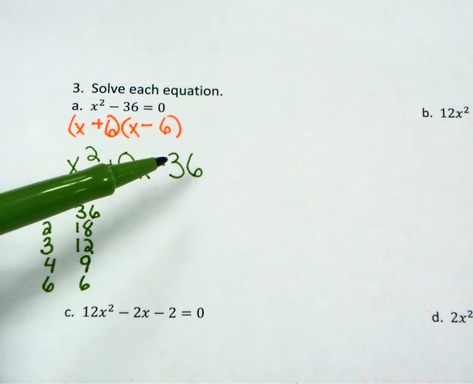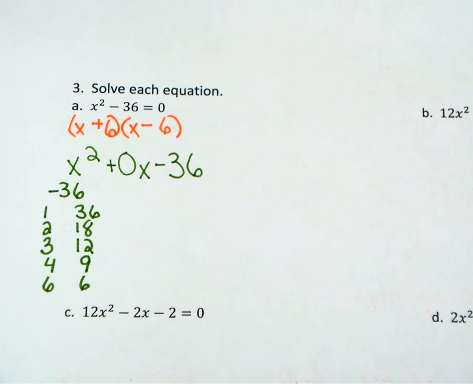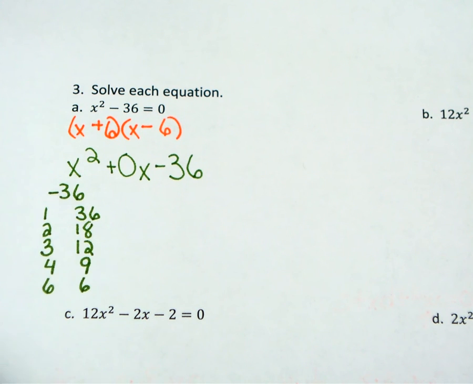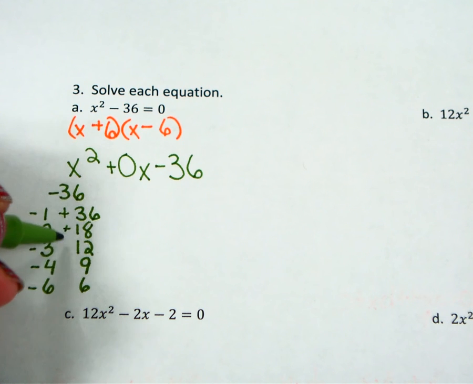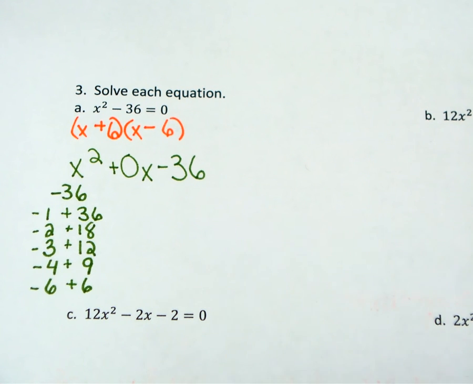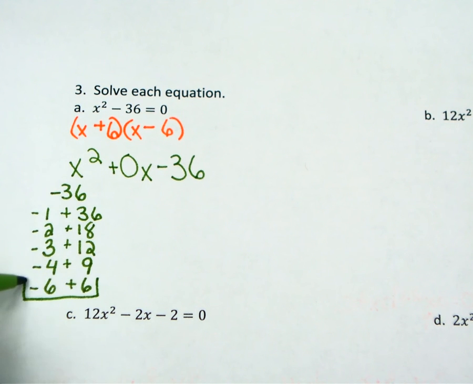The sign of the last number is negative, so I want 1 plus, 1 minus. Sign of the middle number is positive, so I want the larger factor to be positive. Which pair adds to be 0? That would be 6 and negative 6.